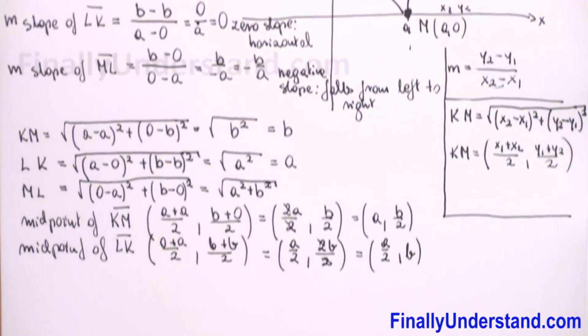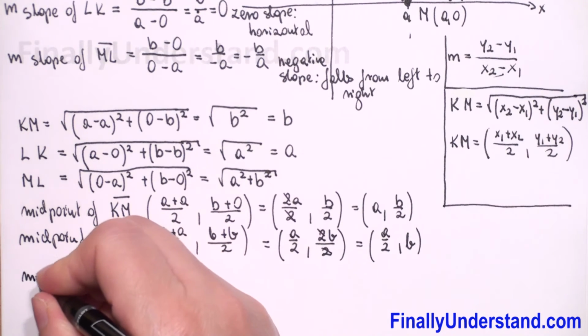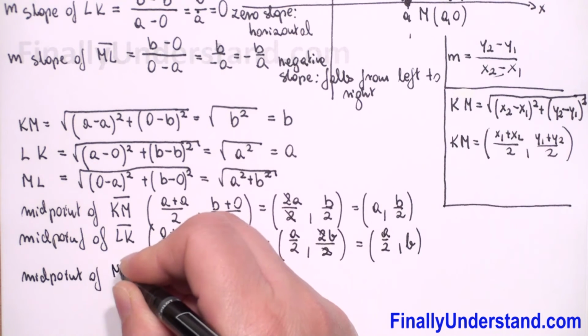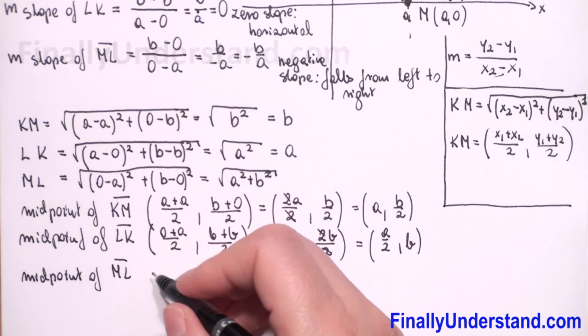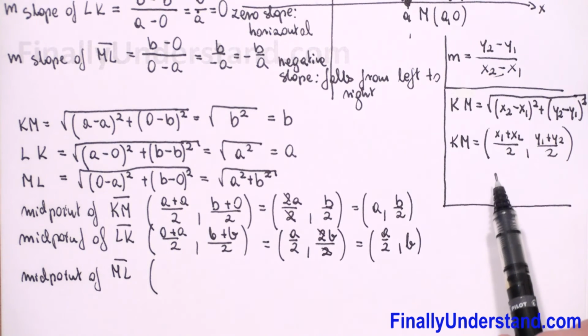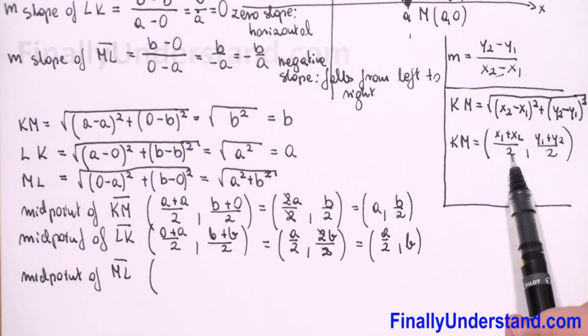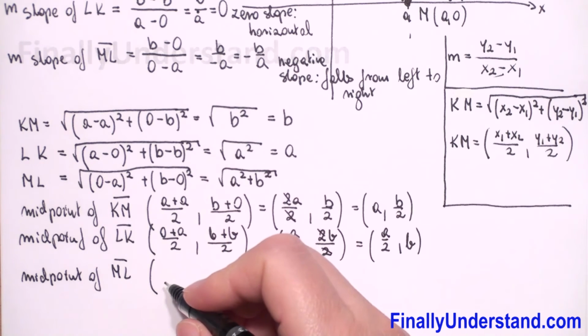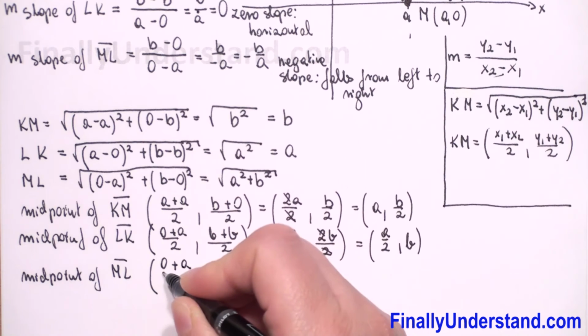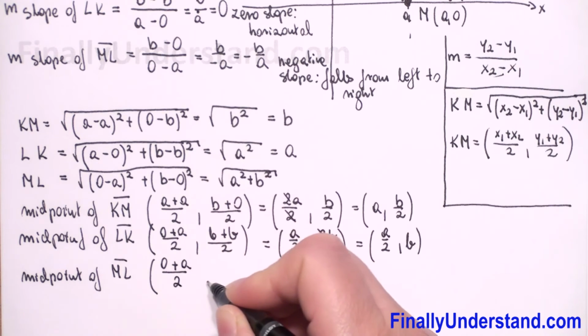And now we have to find the midpoint of ML segment. So the first coordinate is the sum of first coordinates divided by 2. So it will be (0 plus A) over 2.